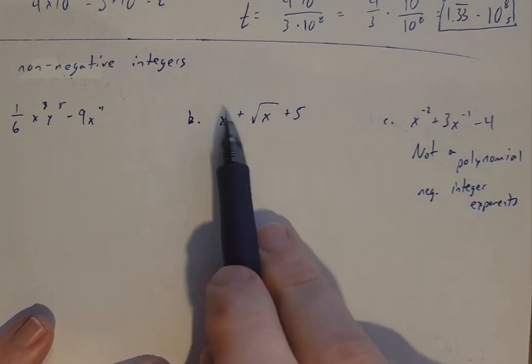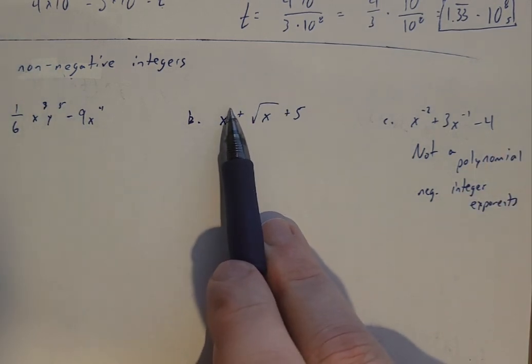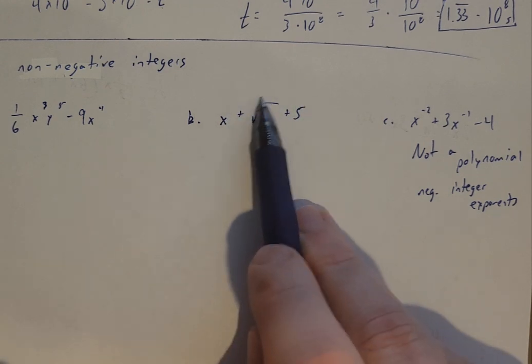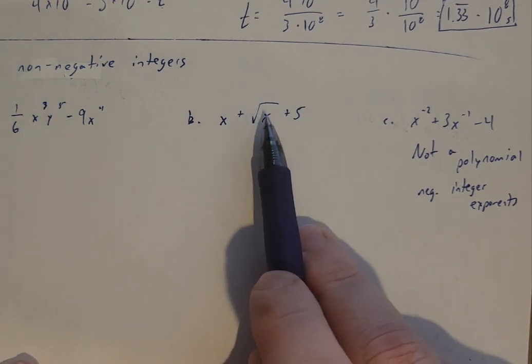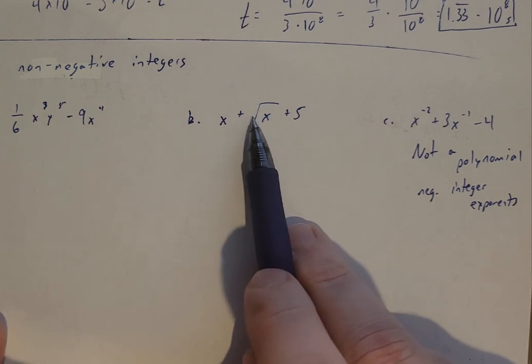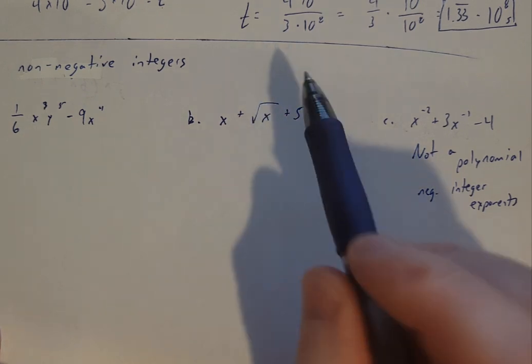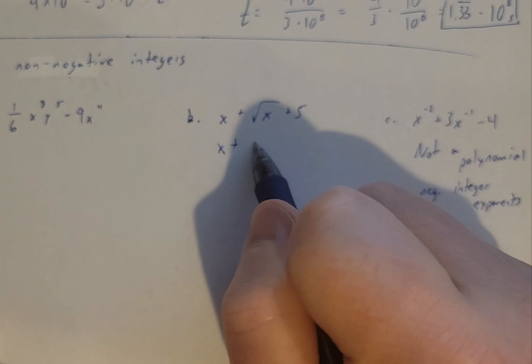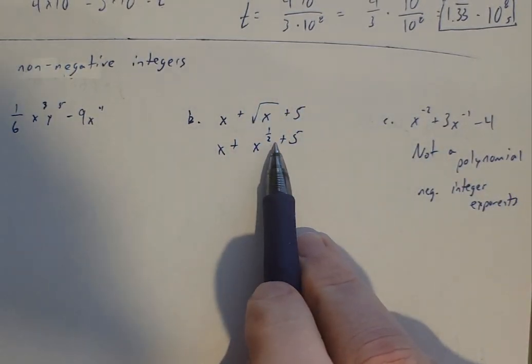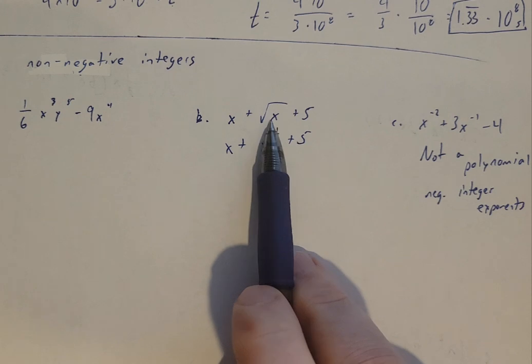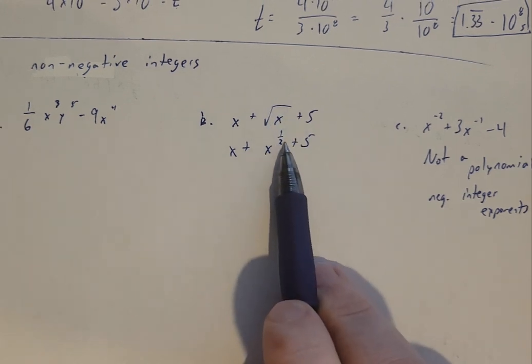Okay, the middle one, this is an exponent of 1, but this is a weird exponent. It's not even written as an exponent. We haven't talked about this yet, but radicals, square roots, could be written as x plus x to the 1/2 power plus 5. We haven't talked about fractional exponents, but we will. Basically, this is not an integer.